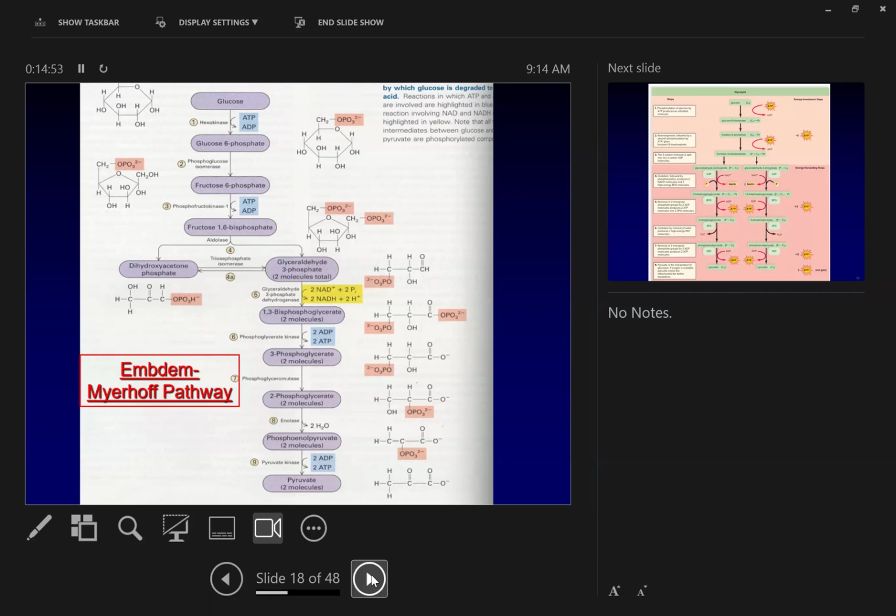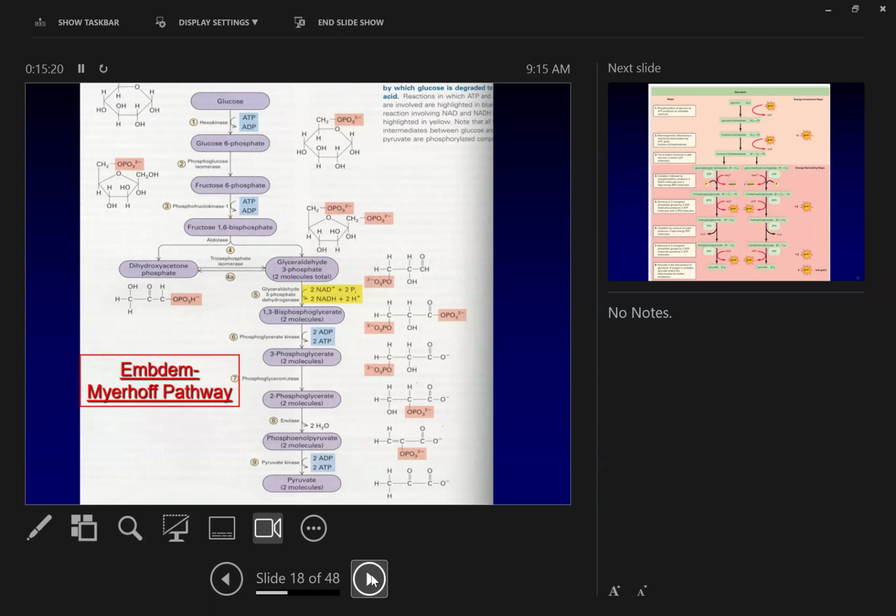And then we're going to peel off the phosphates off of each of our 3 carbon molecules. And as we peel the phosphates off, we do what's called substrate phosphorylation and we turn ADP back into ATP. So we get to fructose 1,6, we split it, and then as we go down, we're going to make 4 molecules of ATP and 2 molecules of NADH.